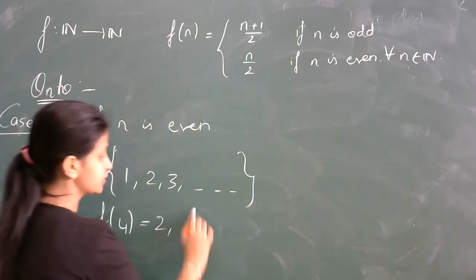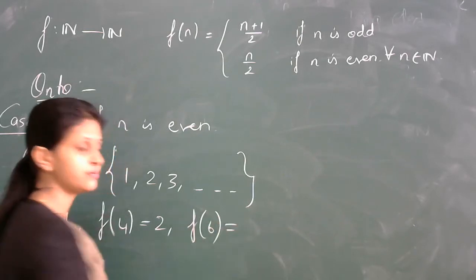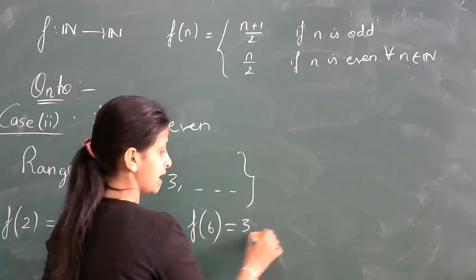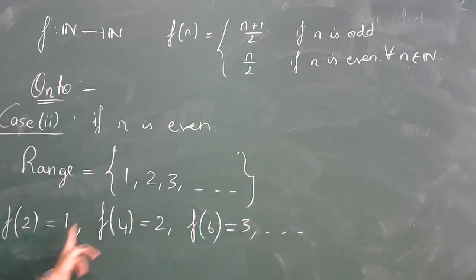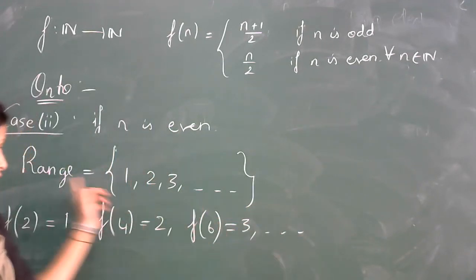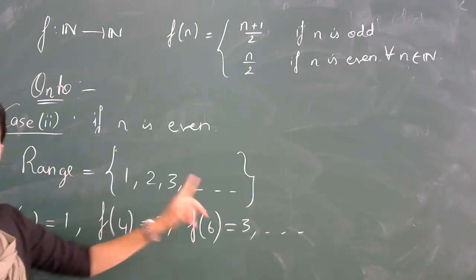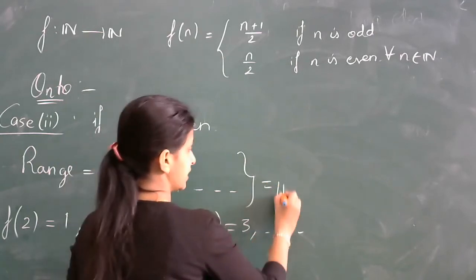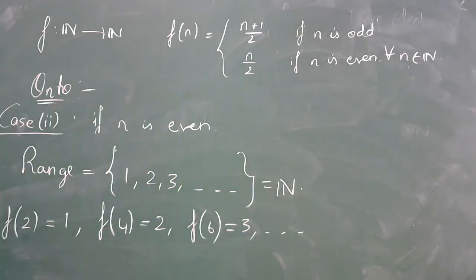If I take f of 6, the next even natural number, f of 6 will be equal to 6 by 2, that is equal to 3, and so on. You get all the natural numbers only. So range is equal to 1, 2, 3, 4, 5, 6 and so on. So what is this set? This set is nothing but the set of natural numbers.